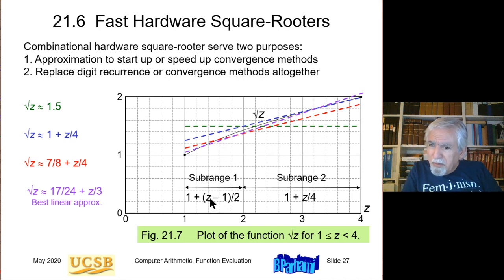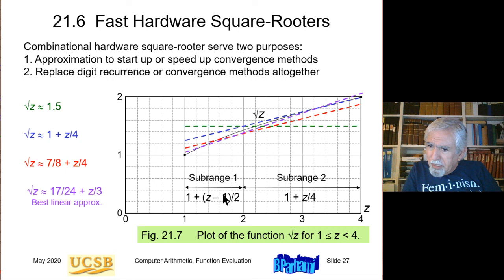And then this one, if z is in the range 1 to 2, z minus 1 is just dropping the whole bit. Dividing by 2 is a shift, and then this is basically putting a whole bit in front of it. So drop the whole bit, shift to the right, and insert a whole bit in front of it, so it's still easy to compute.